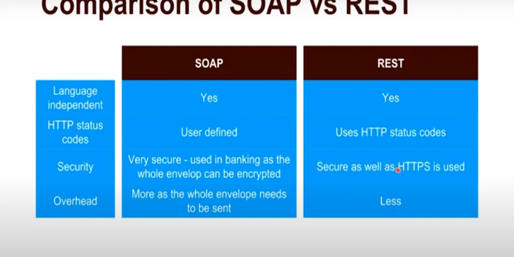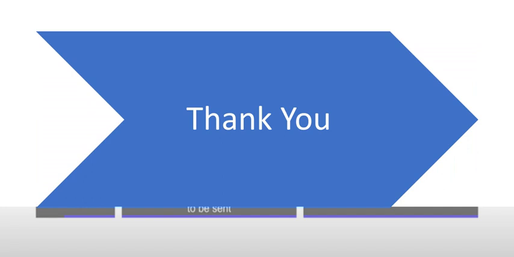So it is also secure, and because it is running in the current system, the developers or designers will have more focus on security. SOAP has more overhead, as the whole envelope needs to be sent. We have already discussed this point, that SOAP needs high bandwidth, but in REST we need very little bandwidth. So this was the comparison between SOAP and REST. We have discussed web services, SOAP and REST. Thank you, class.